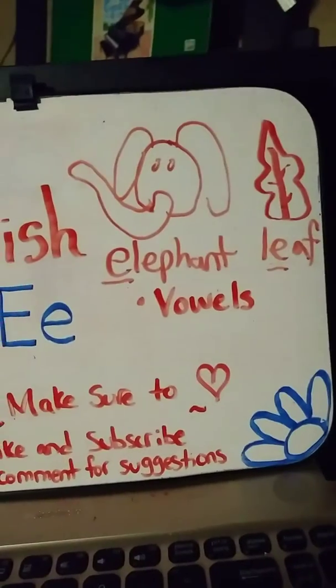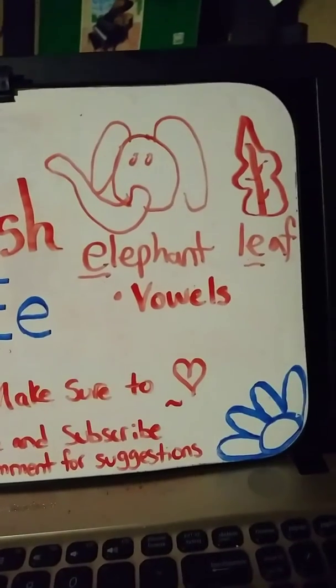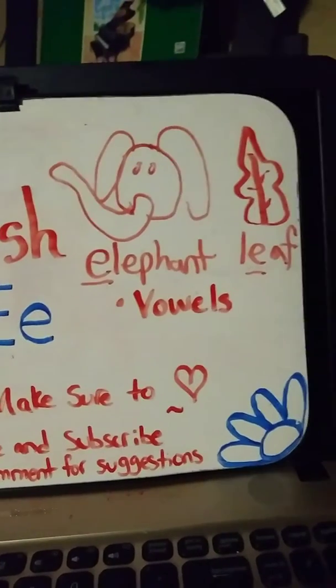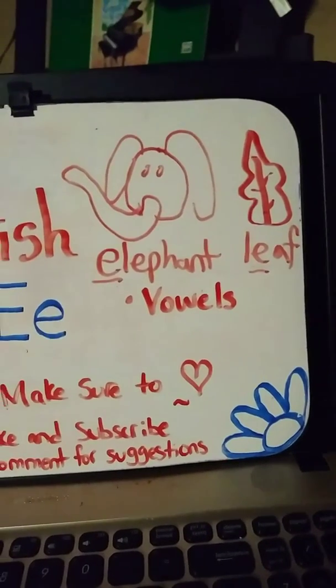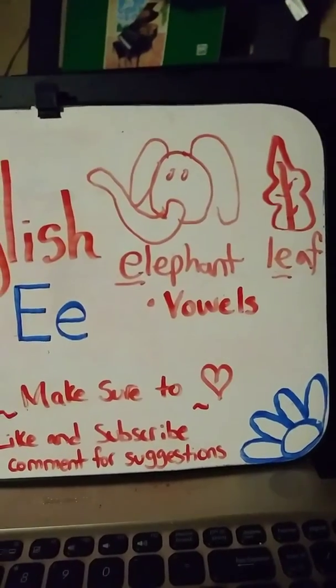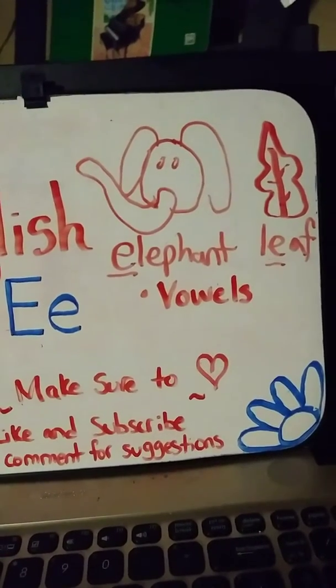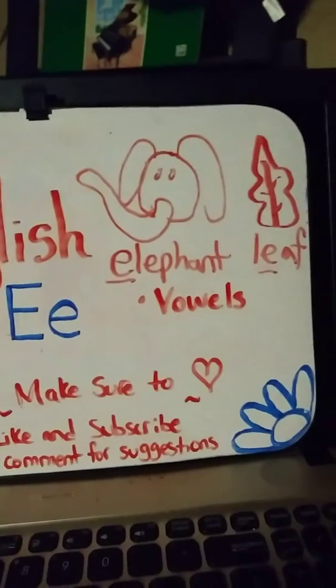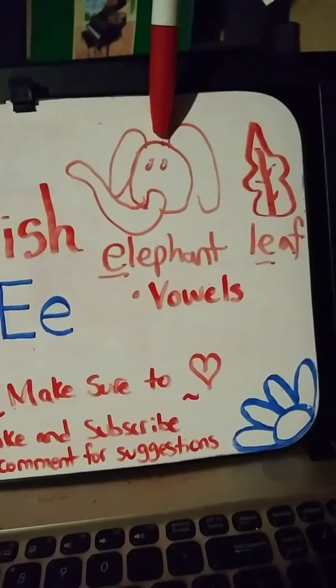Which one do you think is the short E? And which one do you think is the long E? I'll give you a few seconds to try and figure it out. And remember, E makes the eh sound. Okay, so to wrap this up. If you guessed this was the short E sound, you are correct.